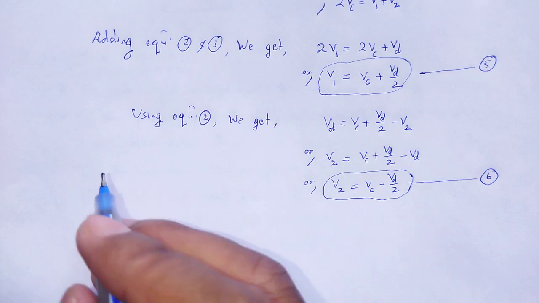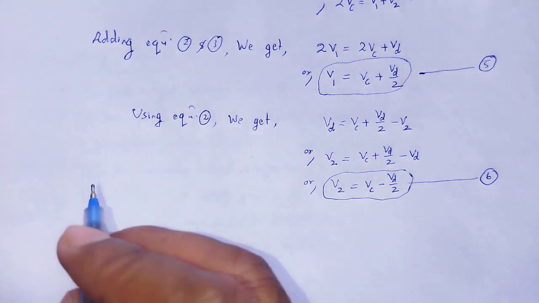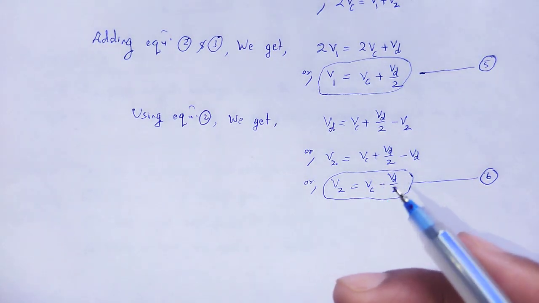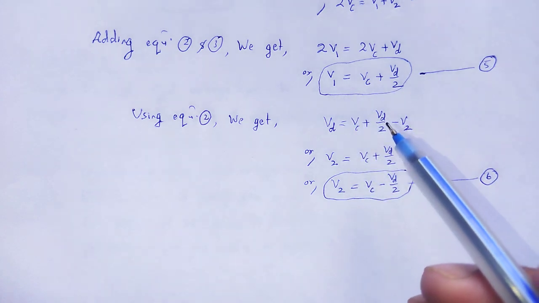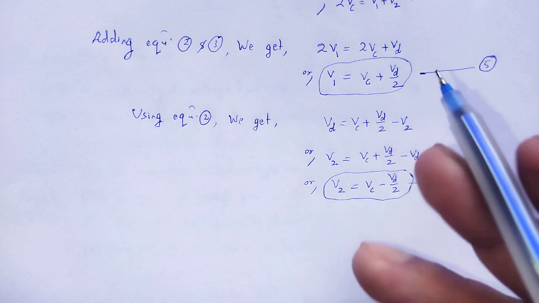So the output voltage is the combination of the differential input signal plus the common mode input signal.